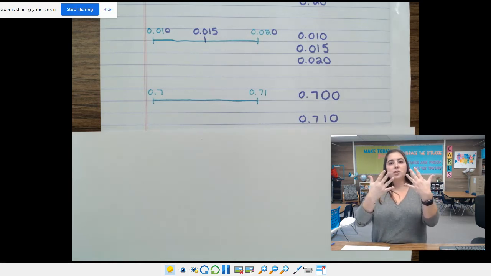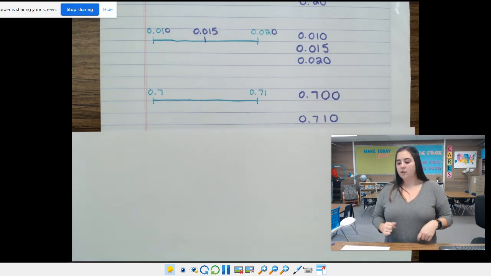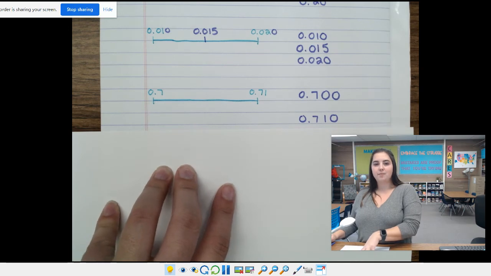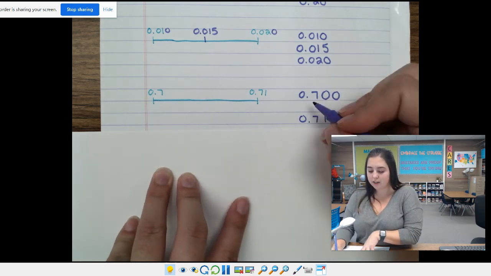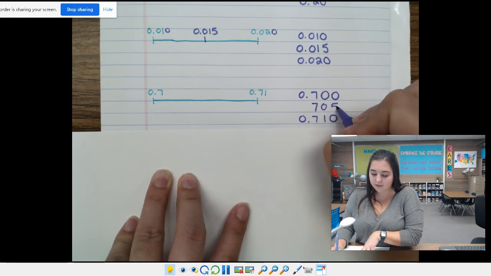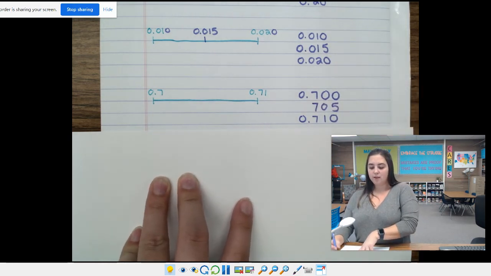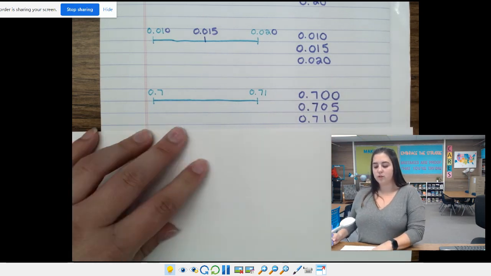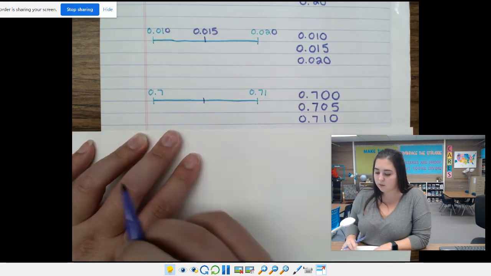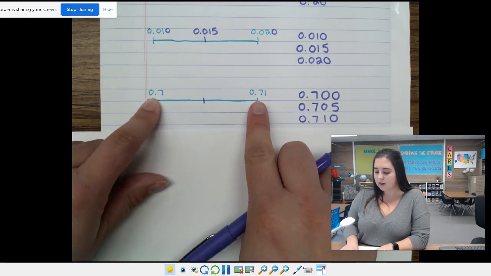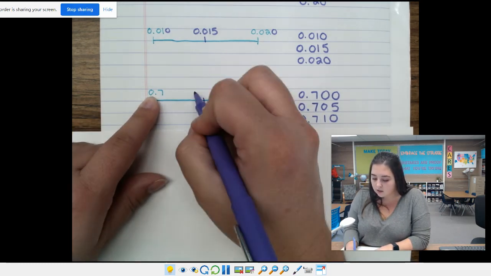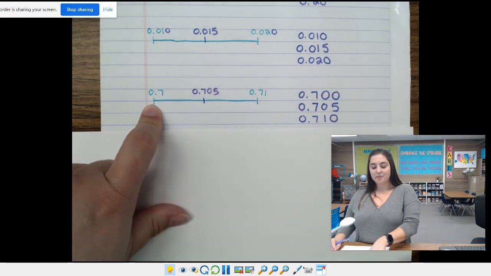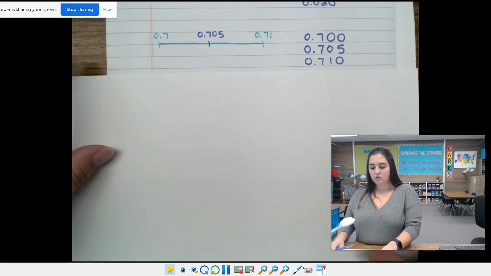So there's 10 numbers in between there. What's halfway between 10? Think. 705 would be halfway in between. Adding my decimal and my 0 placeholder for the ones. So in between 7/10 and 71 hundredths is 705 thousandths. Great job. I think 2 more.